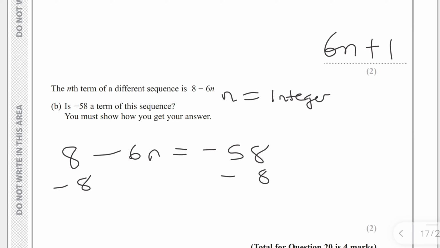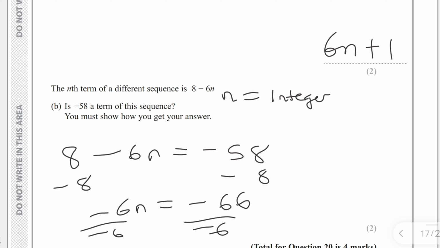Minus 8 from both sides. So that would make minus 6n equals minus 66. Yes? And we divide both sides by minus 6. So n equals 11. So that means yes. In fact, minus 58 is the 11th term in the sequence.